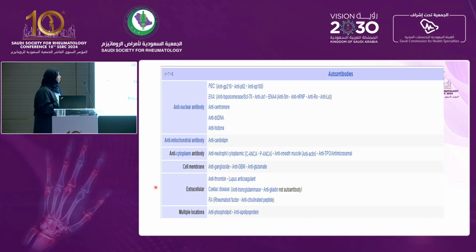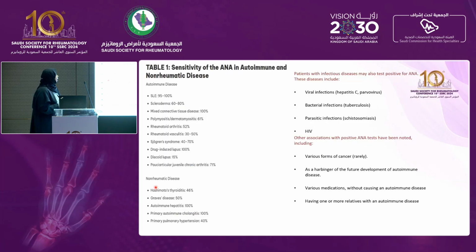So as I mentioned, it is not only the antinuclear antibody. You have a lot of antibodies relating to rheumatological disease, and you know that thyroiditis, hepatitis, whatever, a lot of the autoimmune diseases can be associated with a positive ANA. Some of these antibodies can be inside or outside the cell, extracellular or in multiple locations. But now we are talking about the ANA.